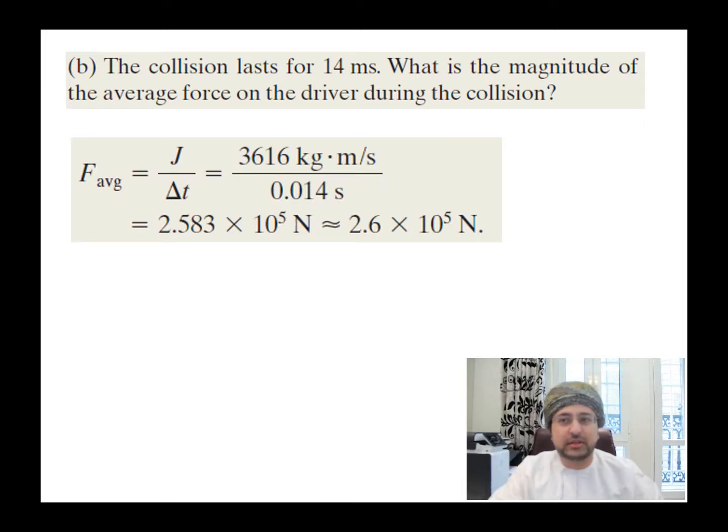J over delta t, right? Now you put that J in, and you put that delta t, 0.014, 14 milliseconds in, and you get a whopping large number: 2.6 times 10 to the power 5 newtons on the body of that driver. This is huge.